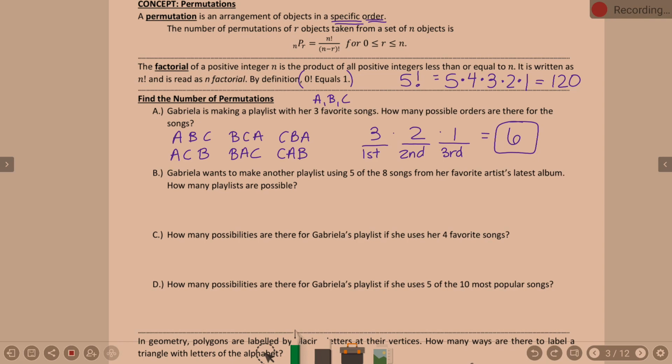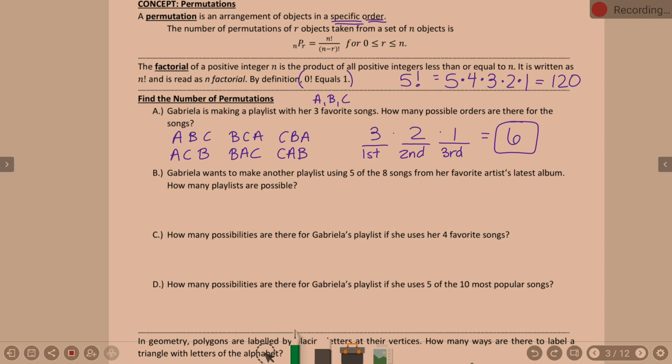Now Gabriella wants to make another playlist using 5 of the 8 songs from her favorite artist's latest album. How many playlists are possible? So this time, she's trying to pick how many songs? She's trying to pick 5 songs, so you could think about it as filling 5 blanks. But how many is she picking from?